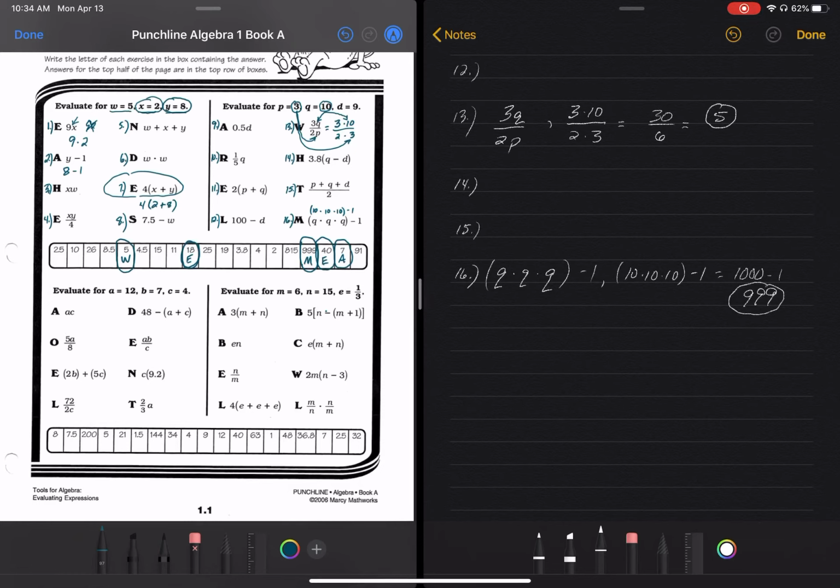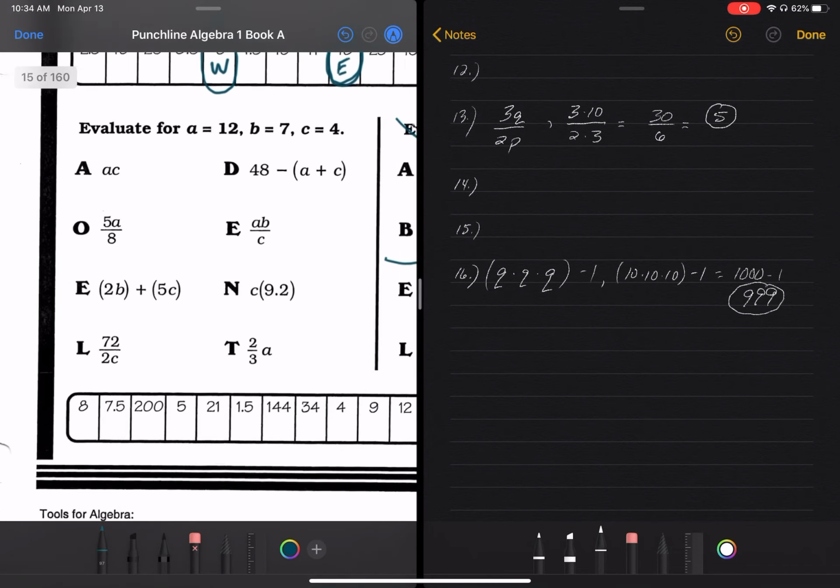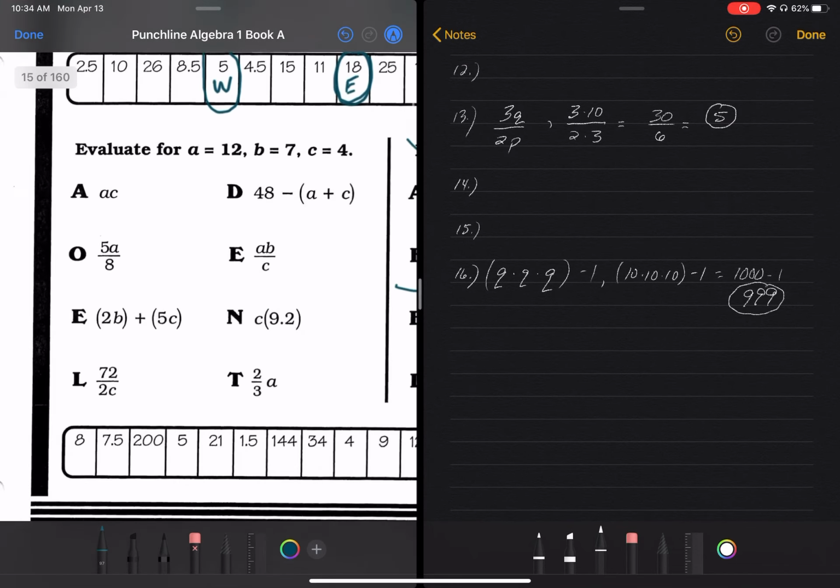I'll do you a favor here and won't make you do these ones here. So you don't have to do those ones on that page right there. Okay? Let's do some of these last ones. So that kind of decreases your load a little bit. So our last one was 16.